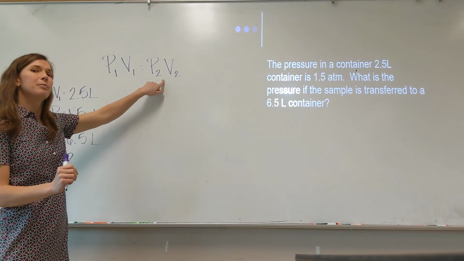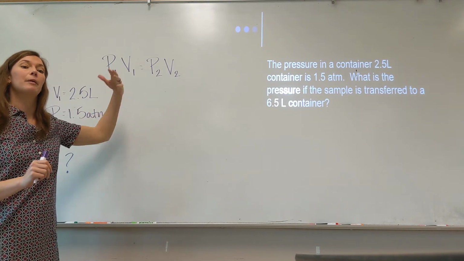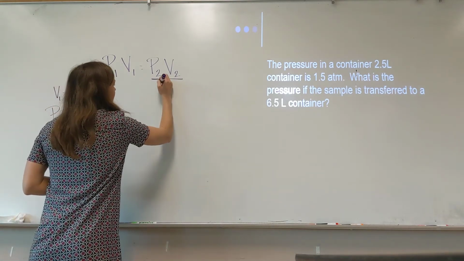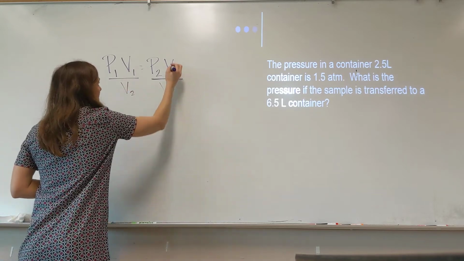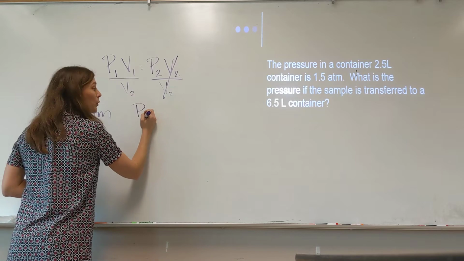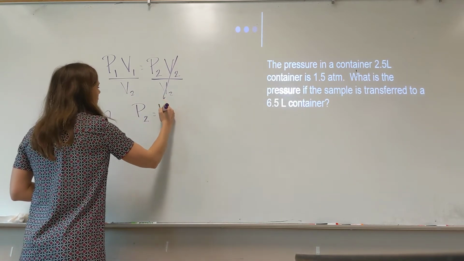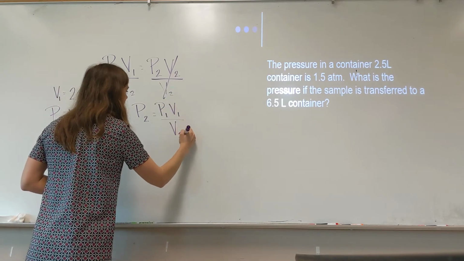Just like in our last problem, I want to solve using variables, meaning I'm going to rearrange my equation. So I'm going to divide both sides, in this case, by V2. So I'm going to end up with the rearranged equation of P2 is equal to P1, V1 over V2.